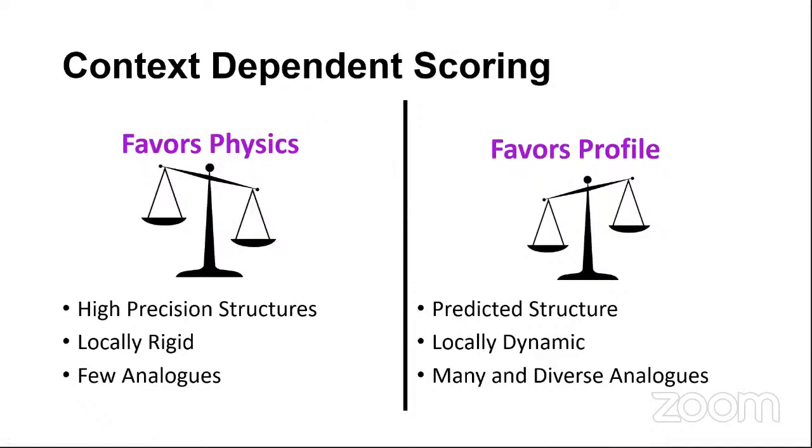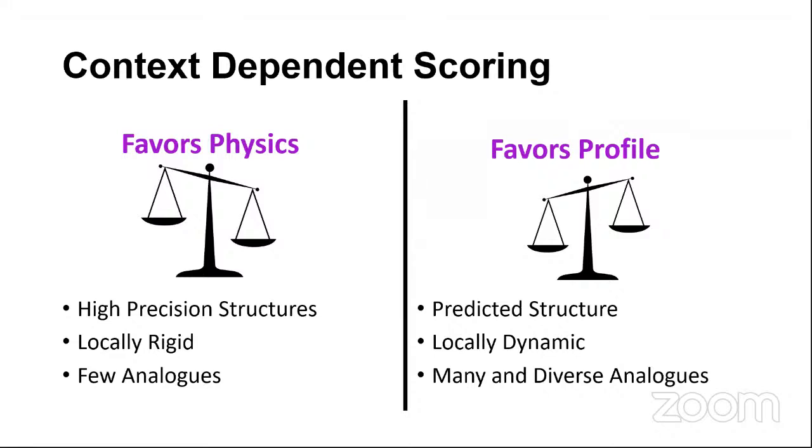So we have two different methods: the physics-based methods and the profile methods. They are good at different things, and in different contexts. Physics-based methods are good at high-precision structures, where we have a locally rigid protein, and where there are a few analogs that we can find in the protein database to base the profile scoring on.